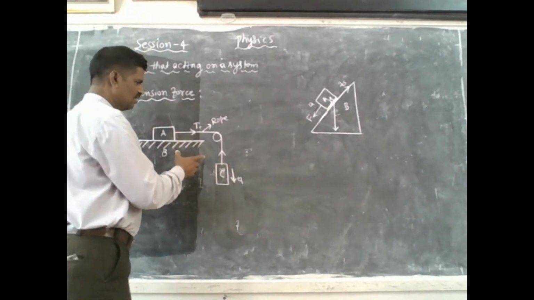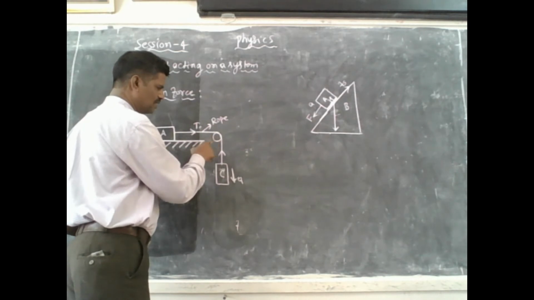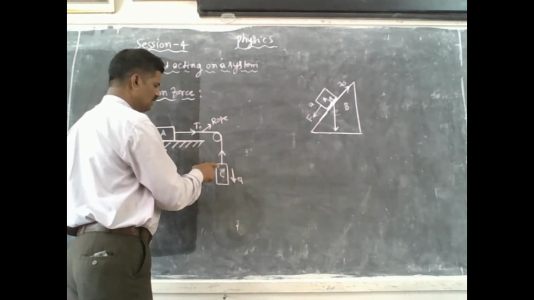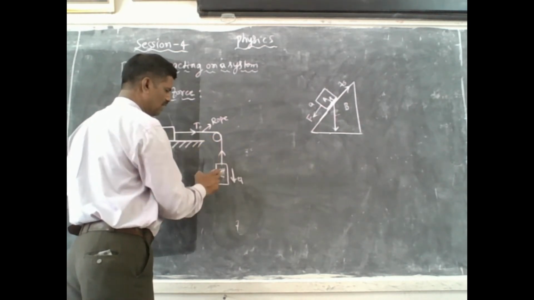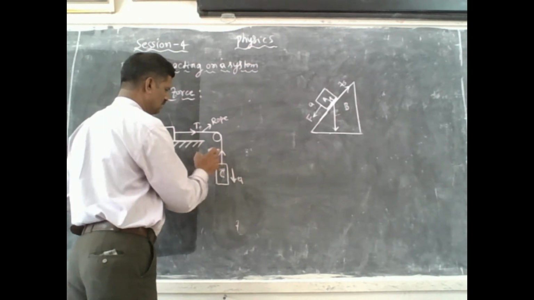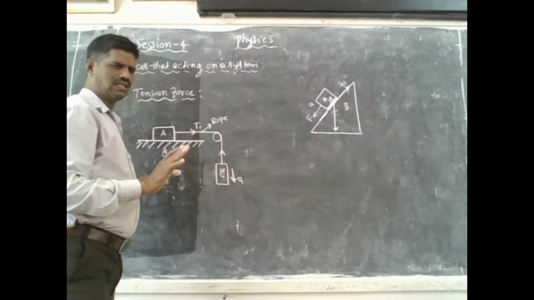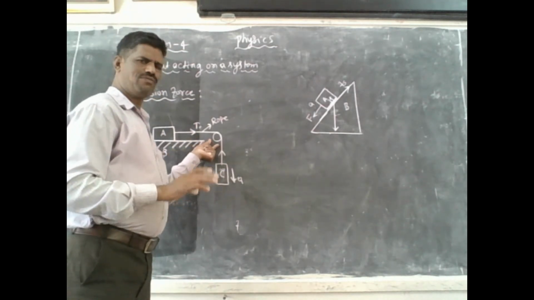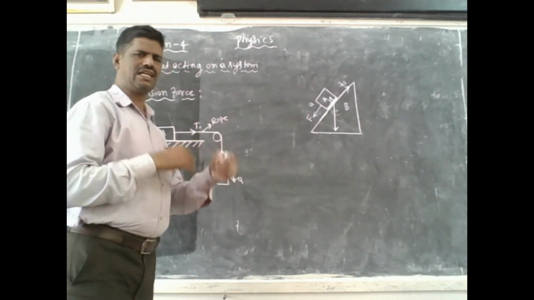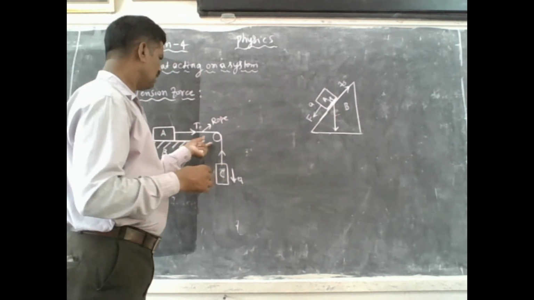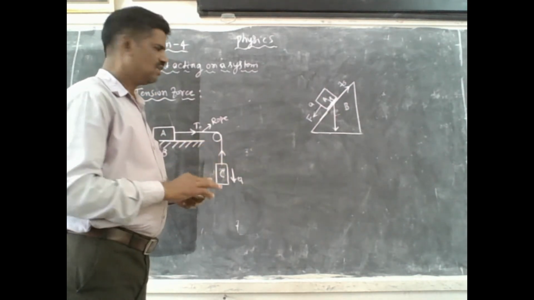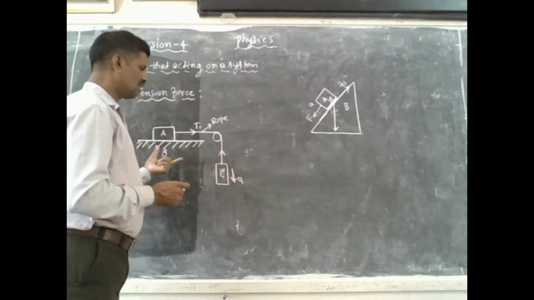When it passes over the pulley, it is away from the body in this direction, and also away from the body in this direction. So the role of the pulley only changes the direction of the force. So this is the tension force.